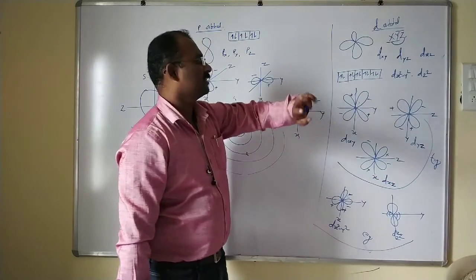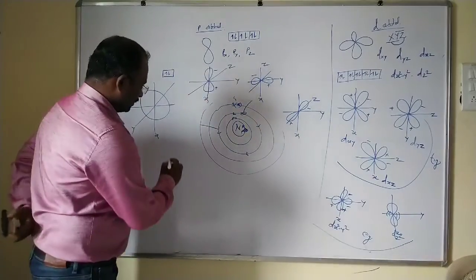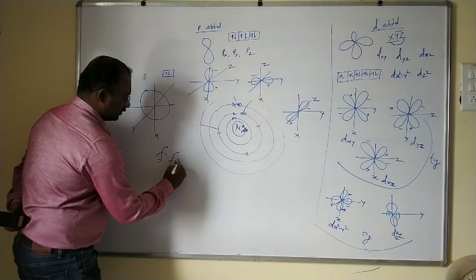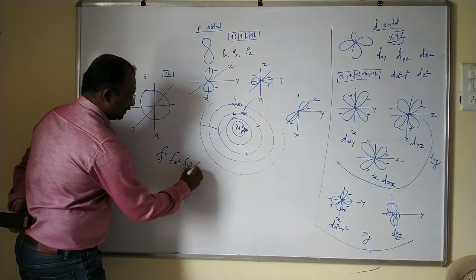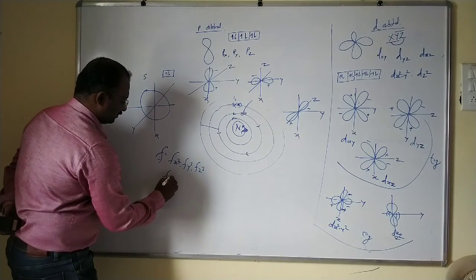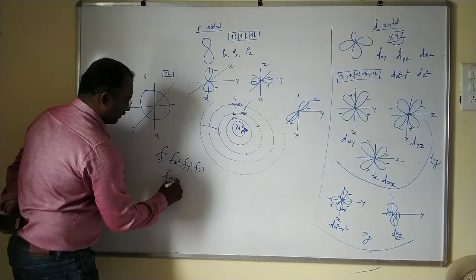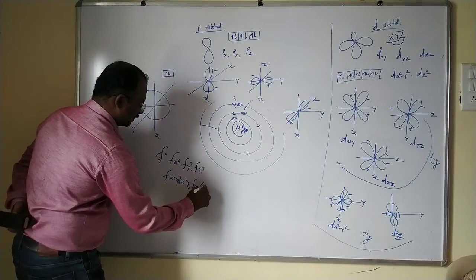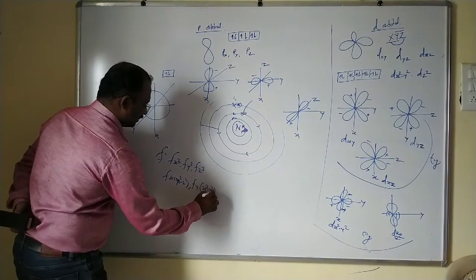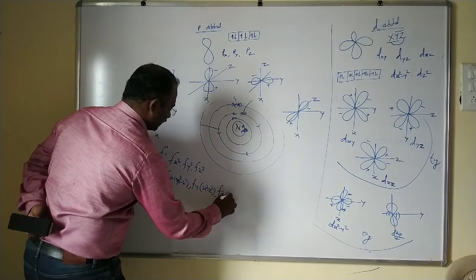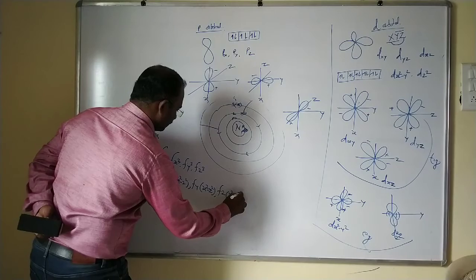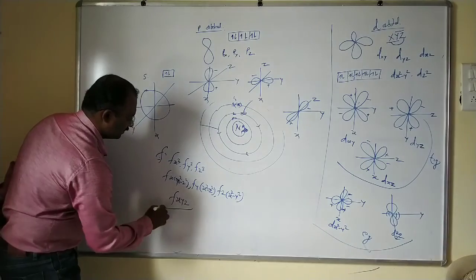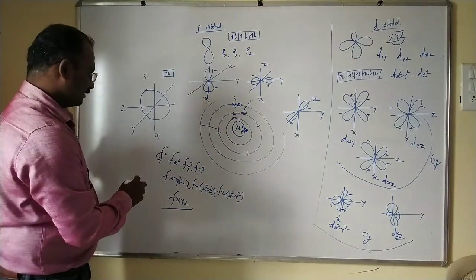This is about the d orbital, and the f orbital has a total of 7 suborbitals, and these 7 suborbitals are fx cube, fy cube, fz cube, fx into bracket y square minus z square, fy into bracket x square minus z square, fz into bracket x square minus y square, and fxyz. These are the 7 suborbitals of f.